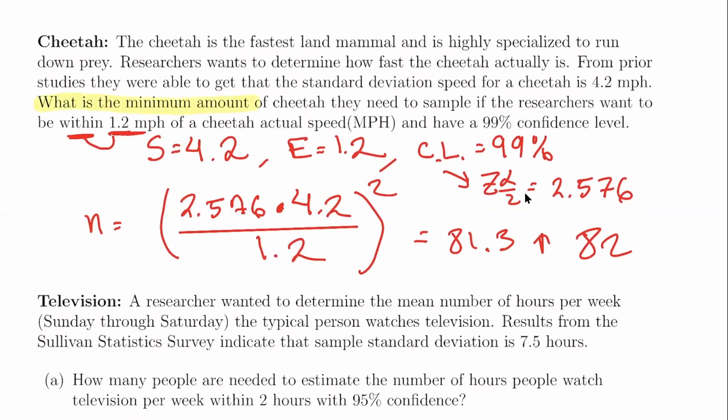Pretty much, if you look right here in the notes, it says, what is the minimum amount of cheetahs they need to sample? So that's telling you you're trying to find the sample size. And then you have to figure out, since you're trying to estimate the average speed of a cheetah, that's why you're using this formula.